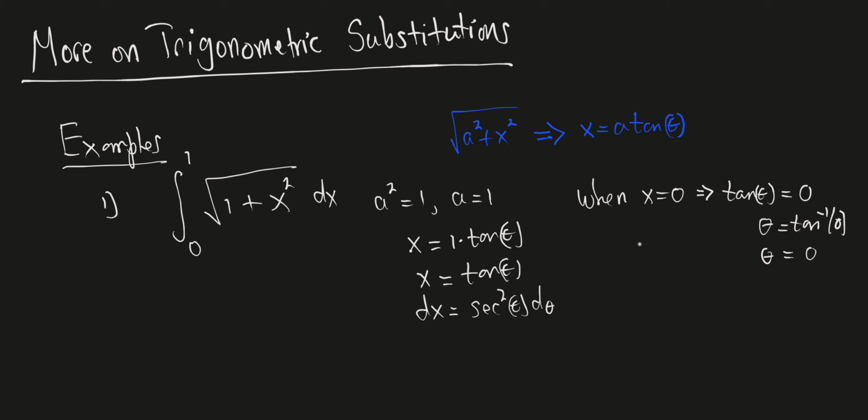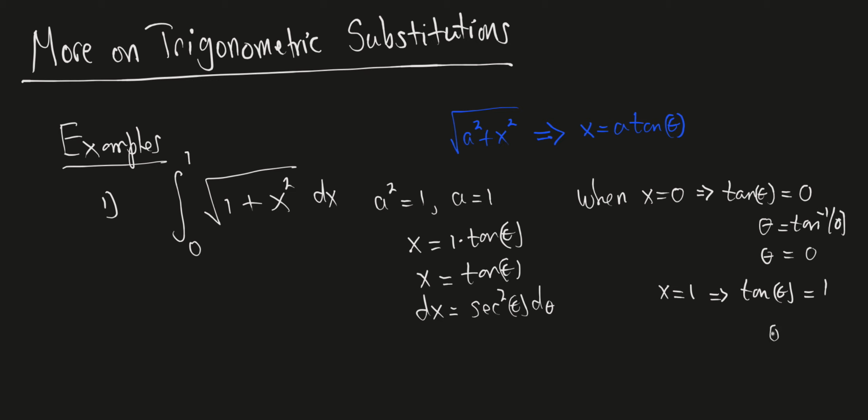Well, let's see what happens with our upper limit. So when x is equal to 1, then that means the tangent of theta is equal to 1. So again, we're looking for a solution in our first quadrant where the tangent of that angle is equal to 1, right?